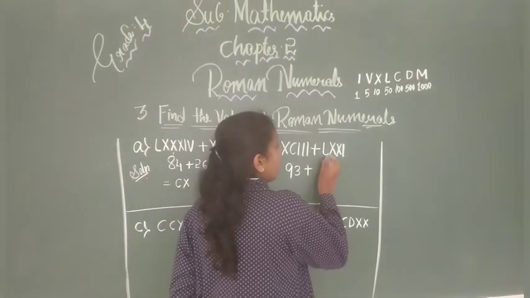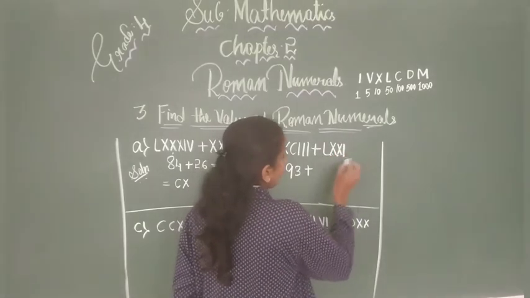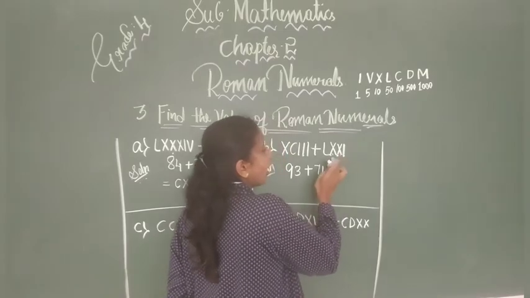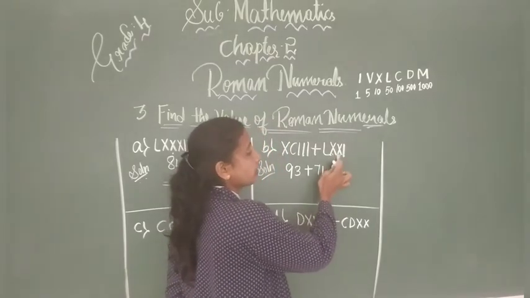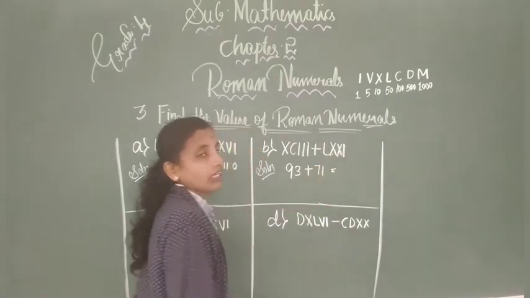Look, one more. L is 50, 60, 71. X means 10 plus 10, I means 1, so 21 plus 50 is 71.